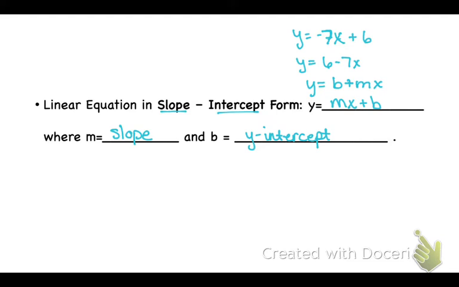The reason I do that is so I don't forget about my negative. You always need to remember that m is the coefficient of x. So if you just remember that the slope is the coefficient of x, does it matter either way I write that? No.